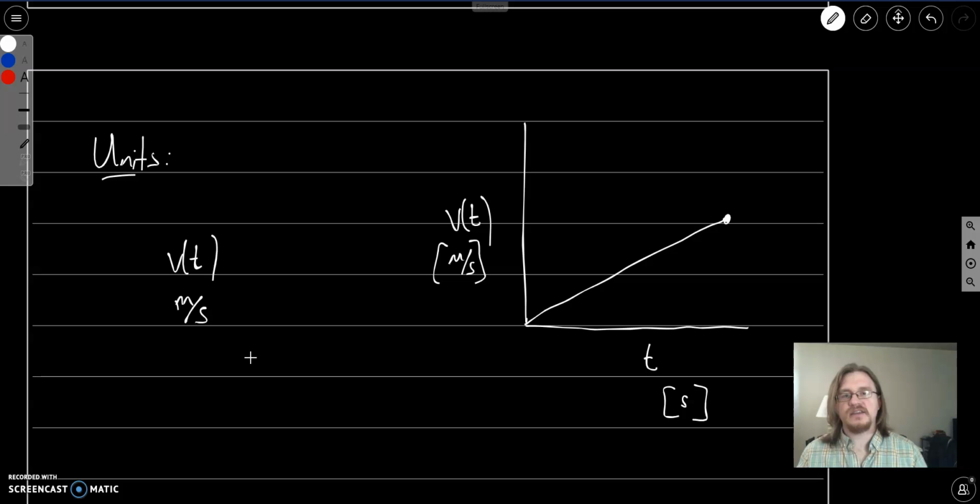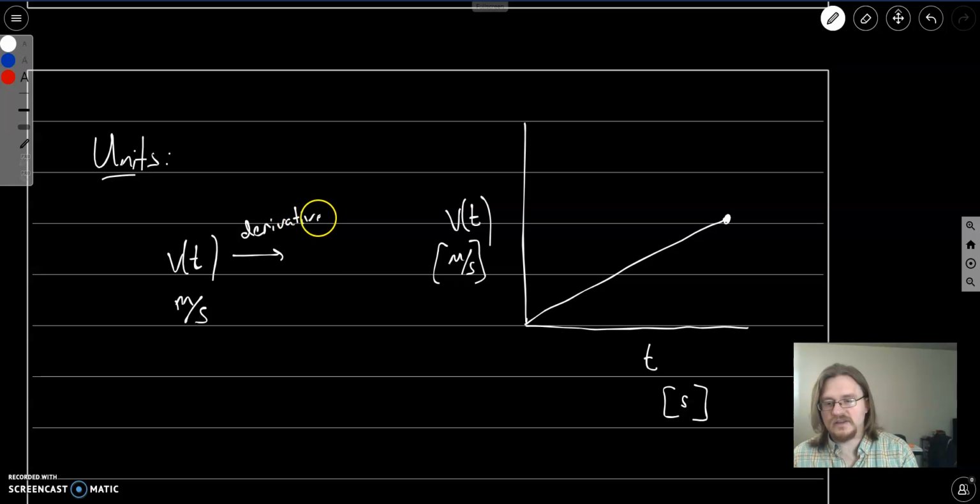And if we take the derivative of velocity, it is going to be acceleration. And acceleration is going to be measured in meters per second squared.